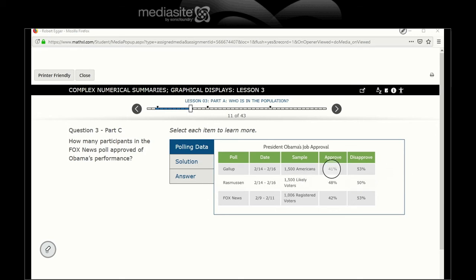And let's see, last one here is how many participants in the Fox poll approved of Obama's performance. So 42% of 1,006. There's a setup.